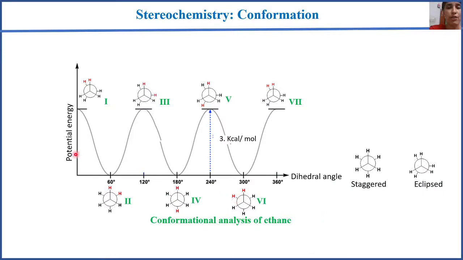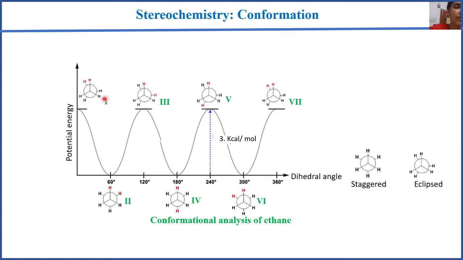Now, if we consider the potential energy curve of the ethane molecule, taking potential energy on the y-axis and dihedral angle on the x-axis, we will know about the conformational analysis of the ethane molecule.